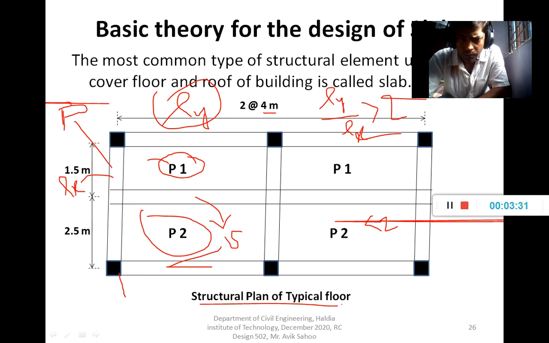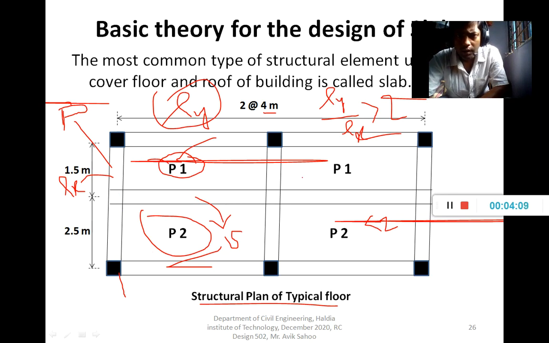So here the typical floor plan is shown. Panel 1 is called a one-way slab, and panel 2 is called a two-way slab. In this plan the beam and column layout are shown, and also the panels, and two types of panels are considered.